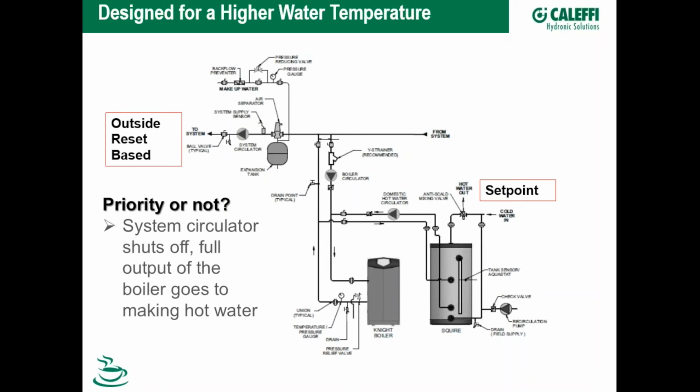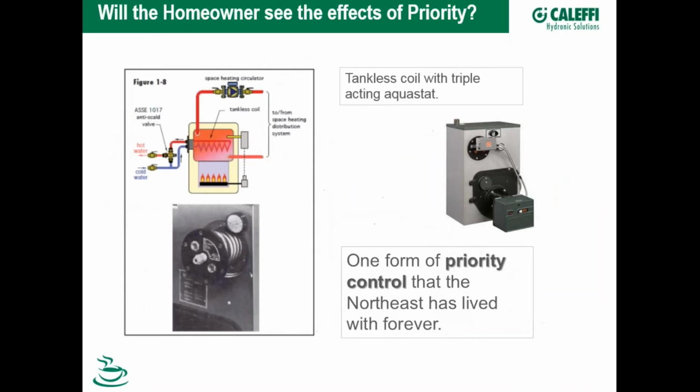And I'm from New England, or New York, or Pennsylvania, or New Jersey, somewhere in the Northeast where the guys probably grew up in a house that had an oil boiler, and that oil boiler had a tankless coil in the boiler. For those of you in other areas where the tankless coil boiler was not utilized a lot, the tankless coil was utilized to provide hot water in the same package of the boiler.